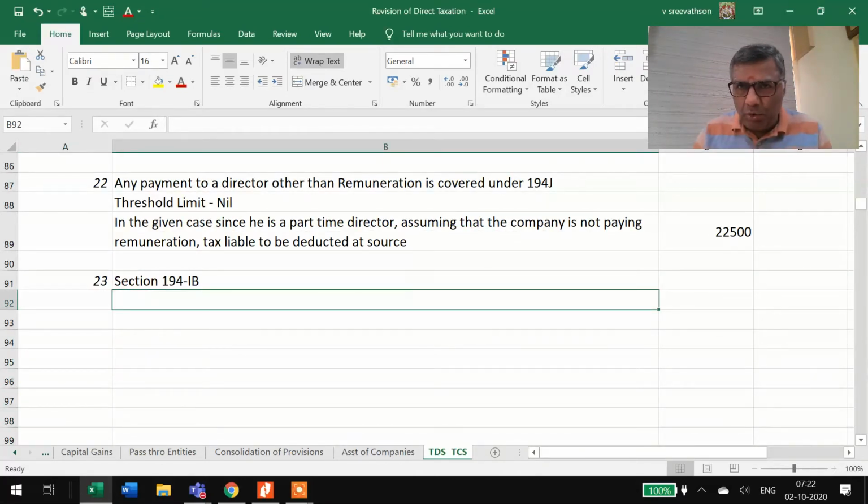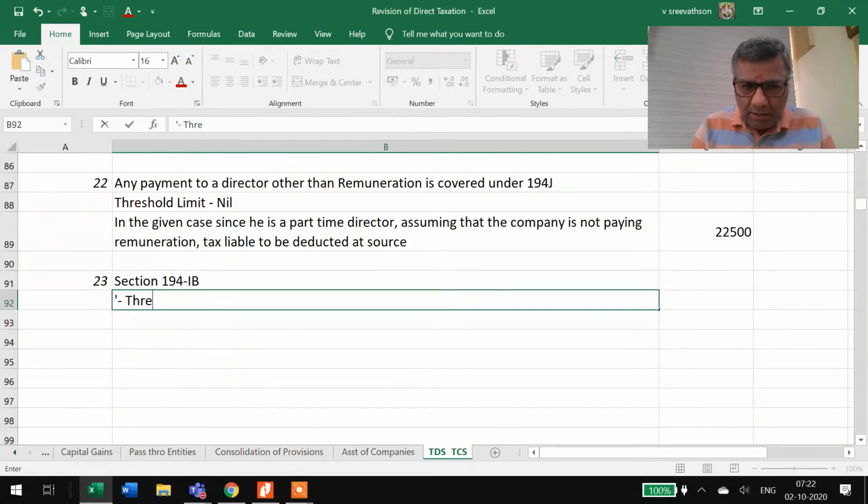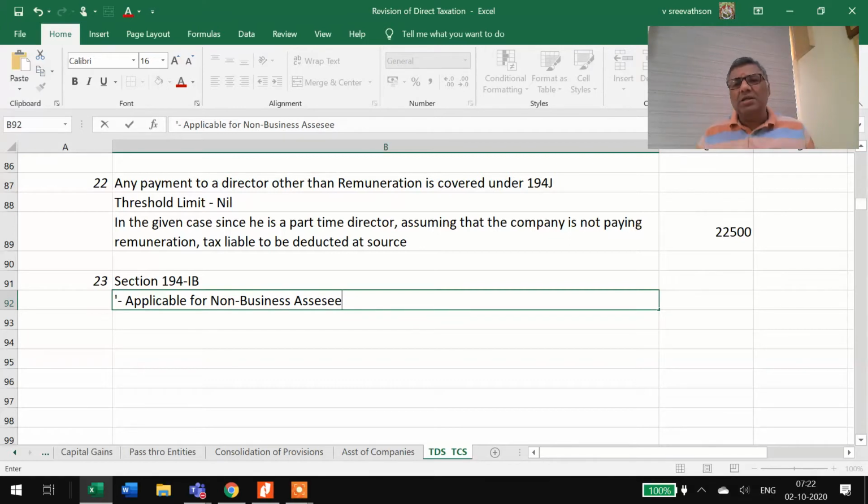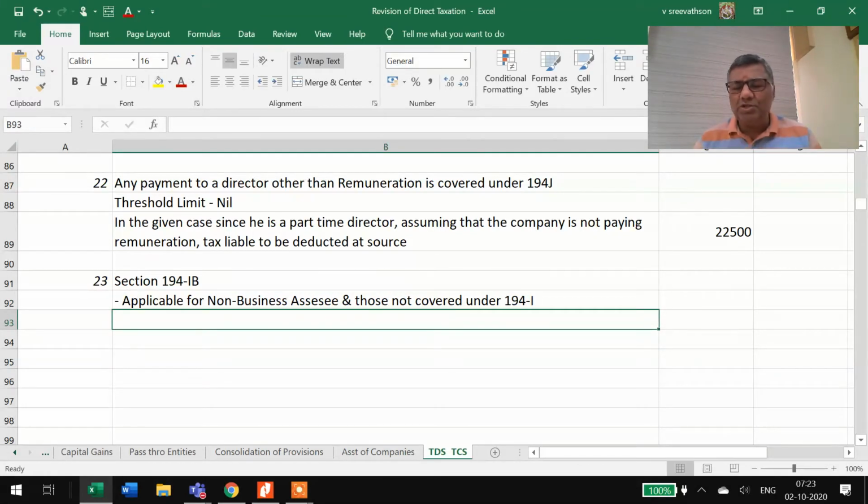A quick look at the provision. Applicable for non-business assessee. Why am I saying this? Because for business assessee 194I takes care. So it is for non-business assessee and those not covered under 194I.